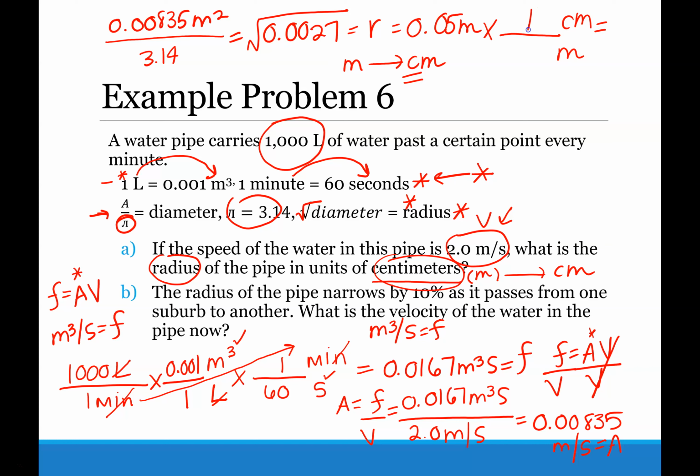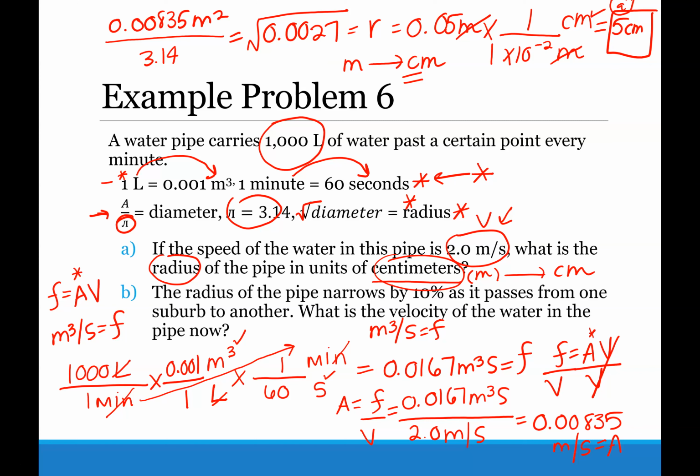We give the 1 to the thing with the prefix, which is centi, and the metric system constant for centi is 1 times 10 to the minus 2 to that base unit, which is meters. So meters cancel, and we're left in centimeters. So in your calculator, 0.05 divided by 1 second e to the minus 2, that gives you approximately 5 centimeters. So this is the answer to part A.